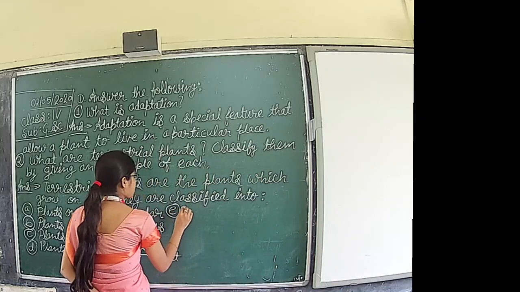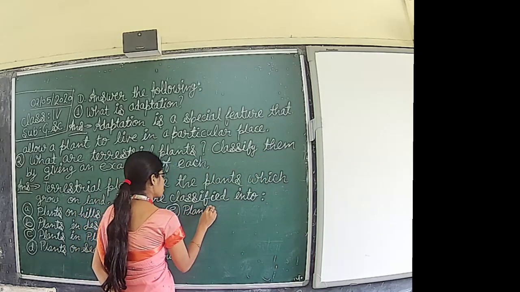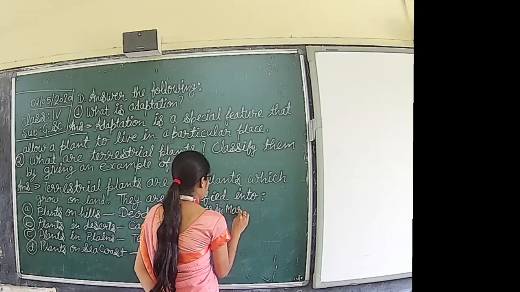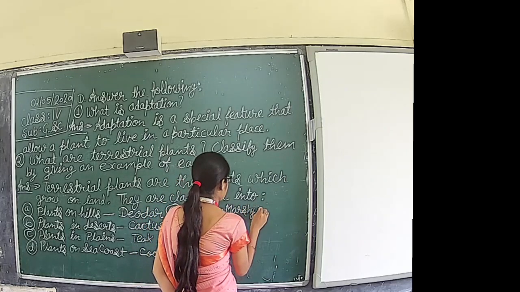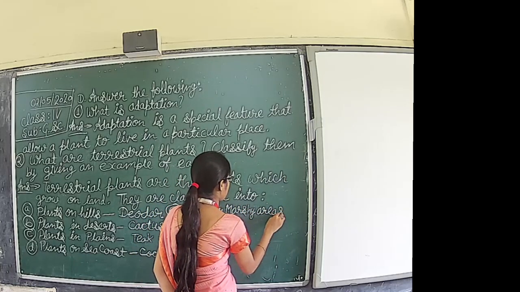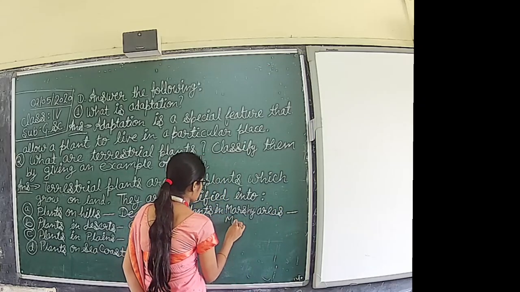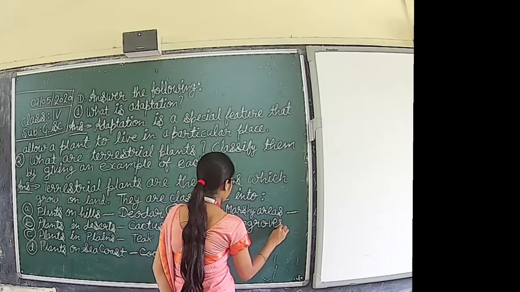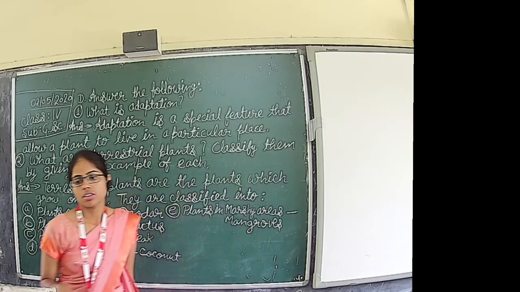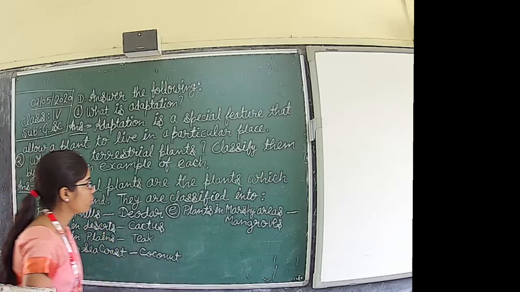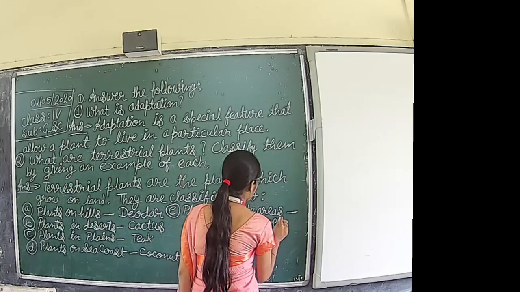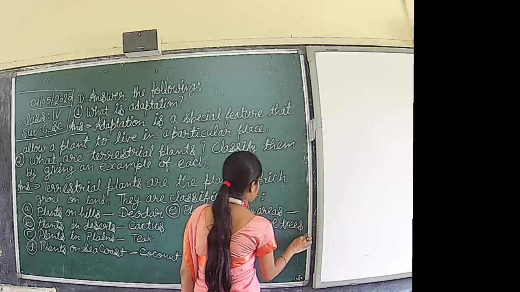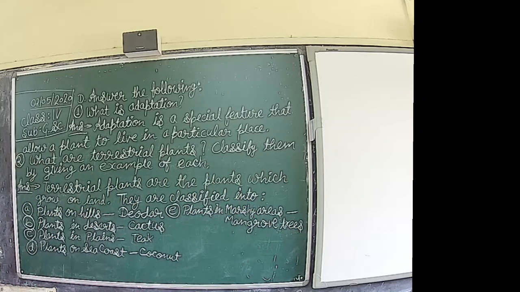Plants in marshy areas. And example of this plant is mangrove. Or mangrove trees we can write. That will be better. Write mangrove trees. This is the answer for this question. Please write it.